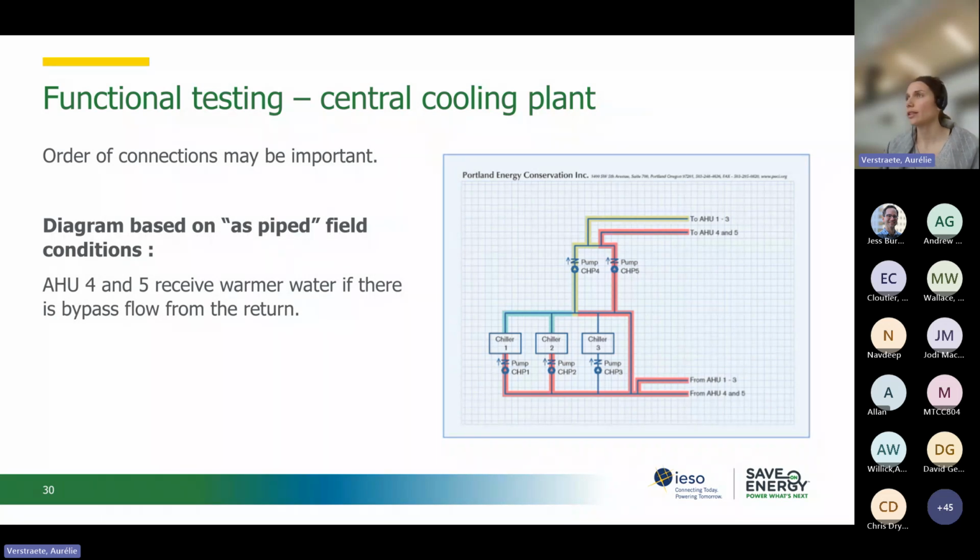So you see that it will be critical for operation, and maybe this could lead to thermal complaints for the areas served by air handling units 4 and 5, and maybe a very low chilled water set point would be set by operation staff all year round to compensate for that problem.